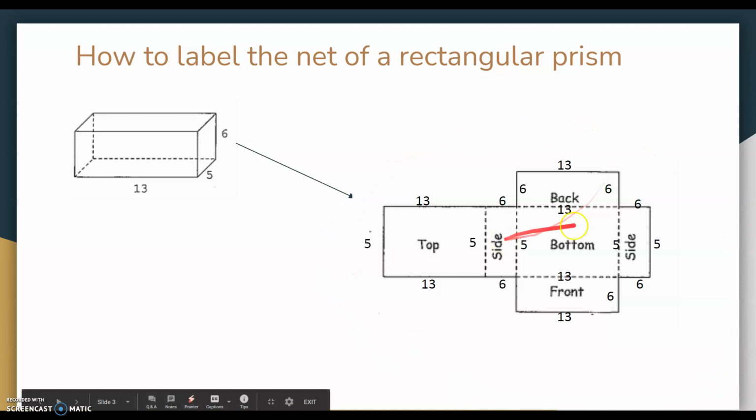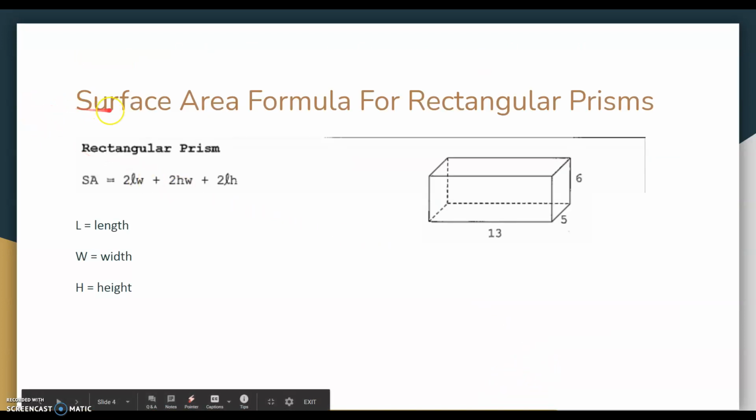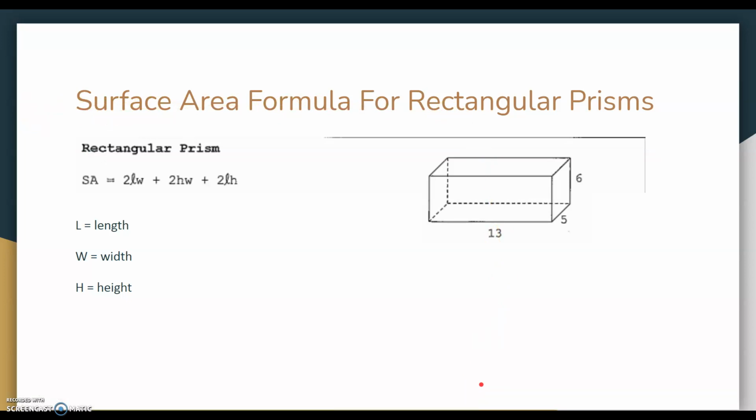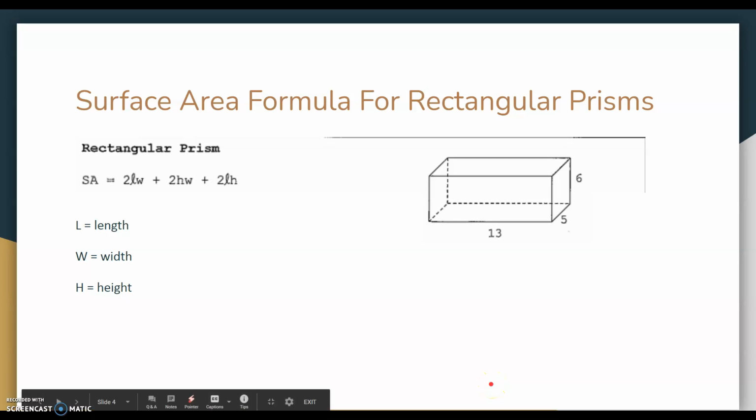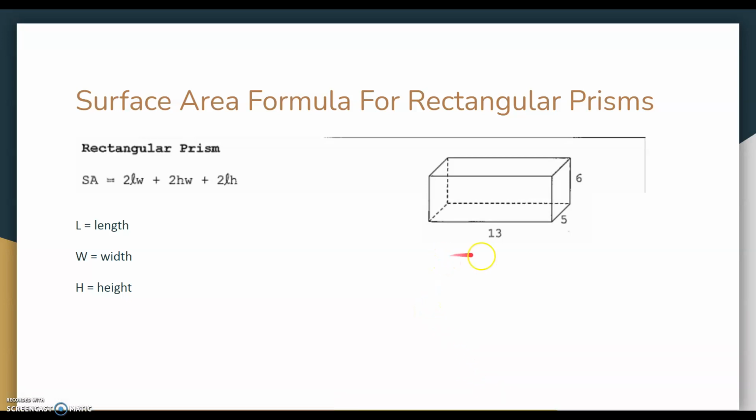Okay, so we could do this, but we are going to teach you guys the formula so that you guys can find the surface area of it. But we just wanted to introduce the net to you and how you can find the surface area of the rectangular prism. Okay.